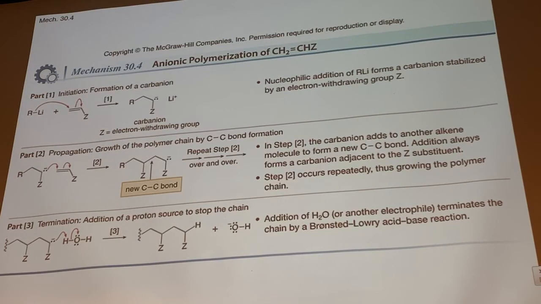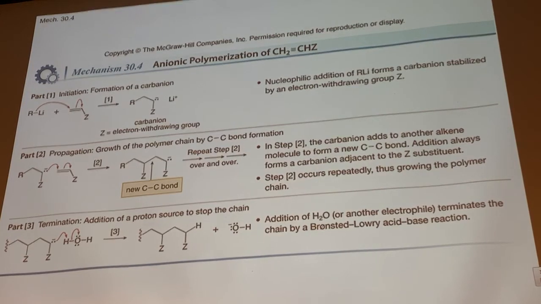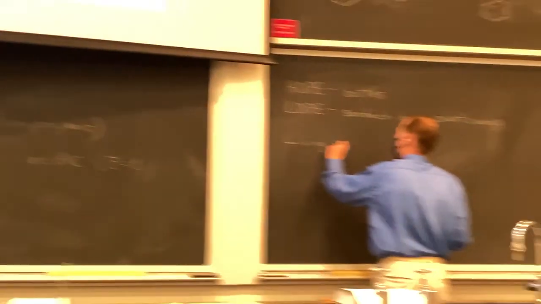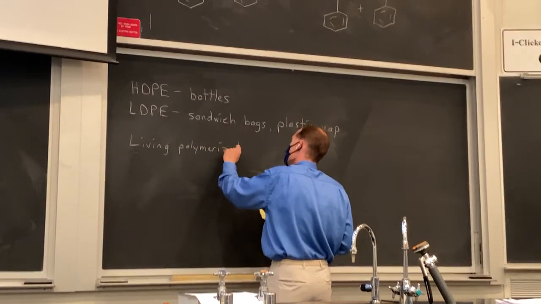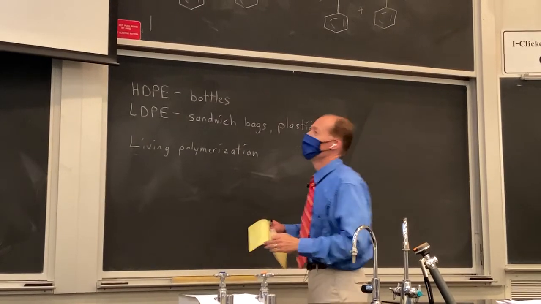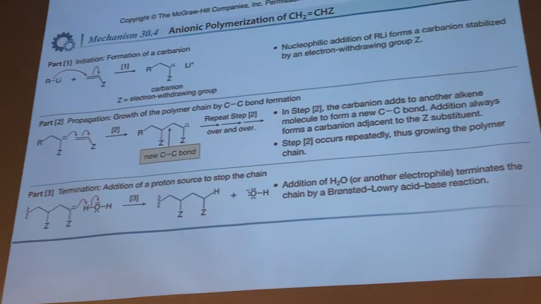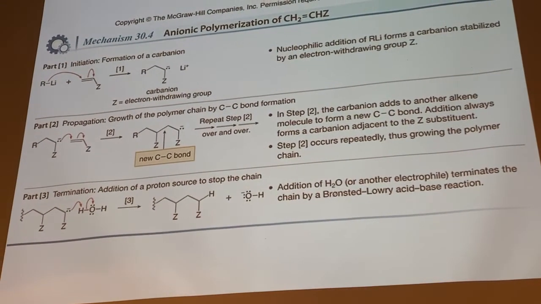So a difference between anionic polymerization and our two other forms of polymerization is that an anionic polymerization does not automatically terminate. It is what is referred to as a living polymerization. So you see on the screen that termination occurs via protonation of the anion using water typically.